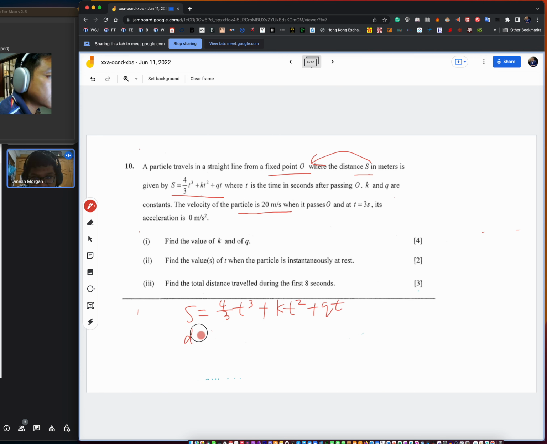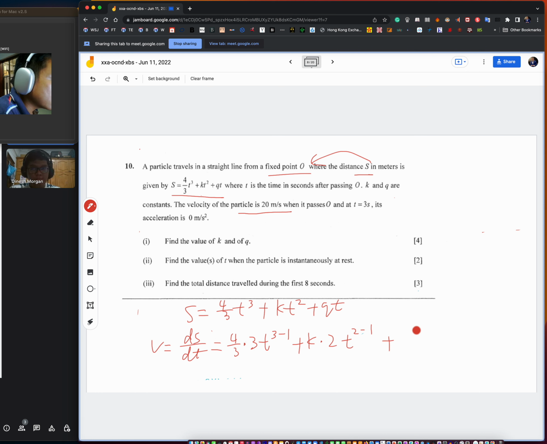velocity is ds/dt, right? Maybe I'll just demonstrate the way I do differentiation and integration. Hopefully you take a look at my approach, and if it is somehow easier, maybe you can adopt it. What I do is bring the power to the front, and then power minus 1. Similarly, bring the power to the front, and then power minus 1.